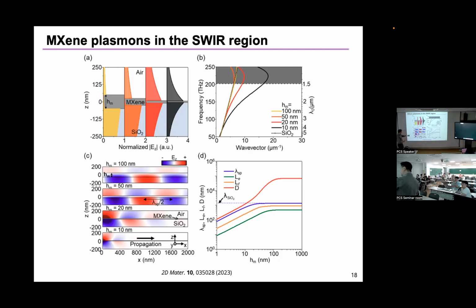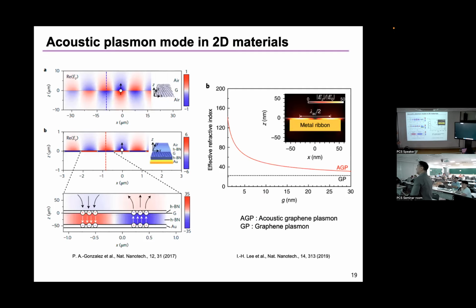Okay, so anyway, the field is tightly confined near the MXene structures by generating the surface plasmon polaritons. This is a graphene structure, but even in the graphene structure, to increase the field confinement, they used the acoustic plasmon model.